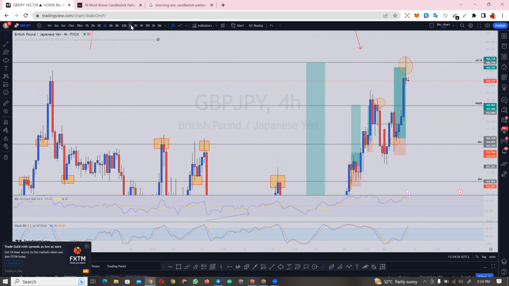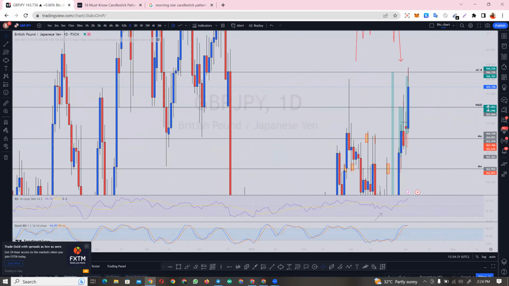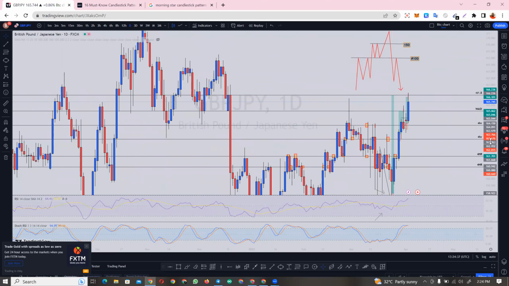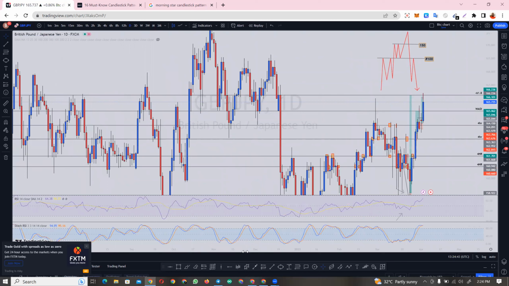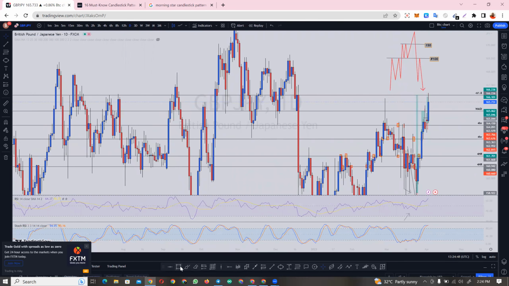Let me check them briefly. Okay, as you can see, this place is a very strong zone that market has respected before. It's a zone. So let's mark the zones here now.